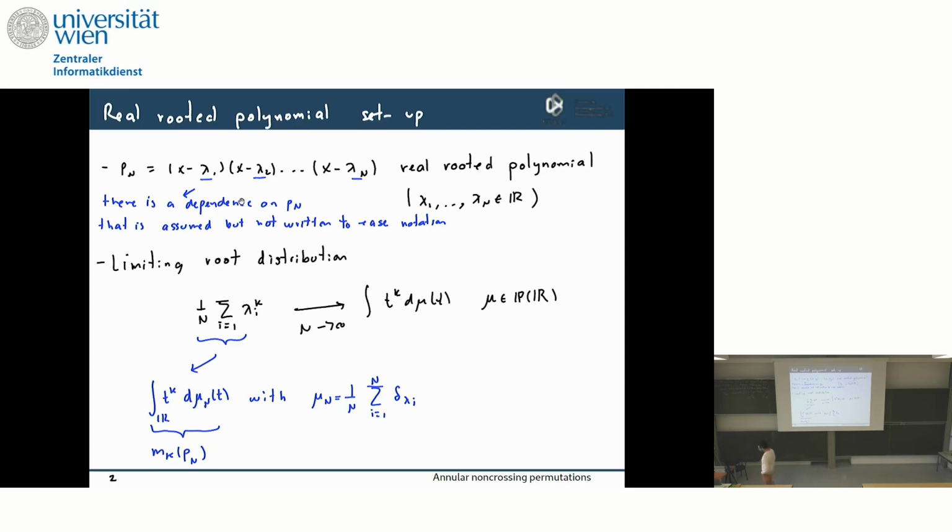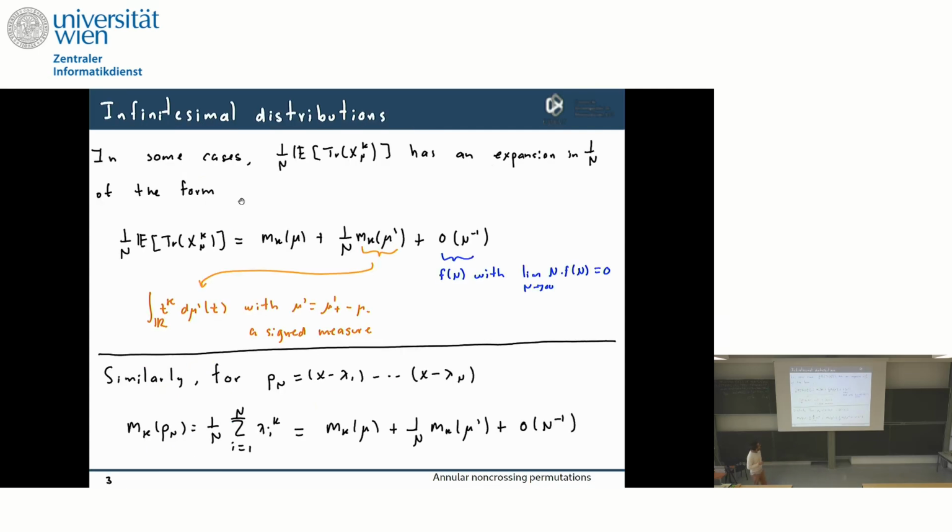Then, having those two objects, I could ask, well, in some cases, it turns out that this normalized trace has an expansion in 1 over n, where the constant term is the kth moment of my limiting measure, and then the second correction term is what some people call the infinitesimal moment. This happens for several models in random matrices.